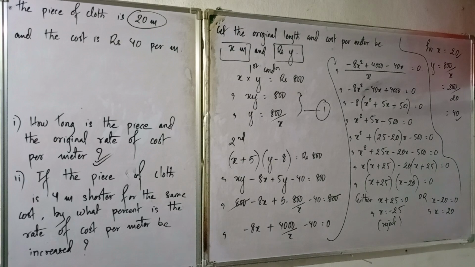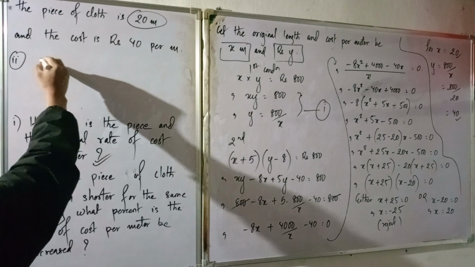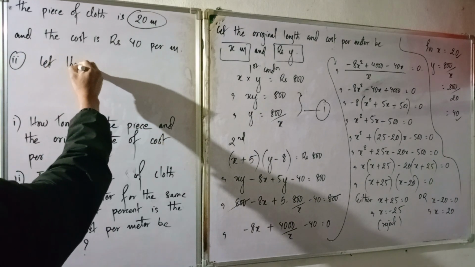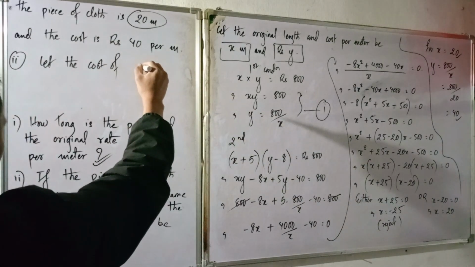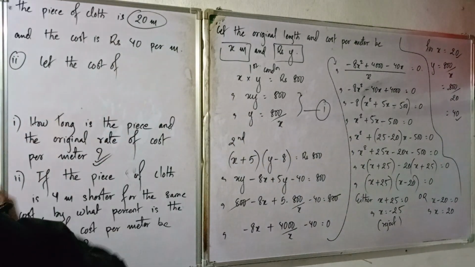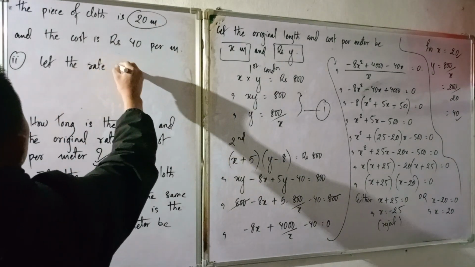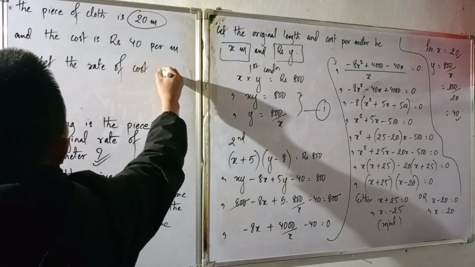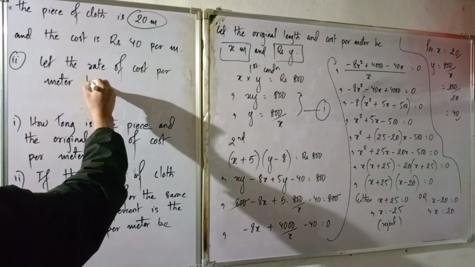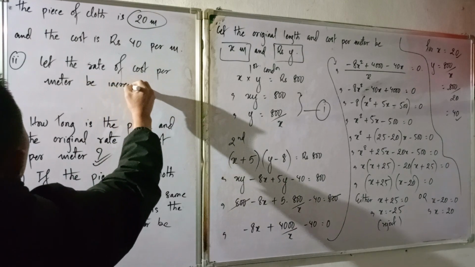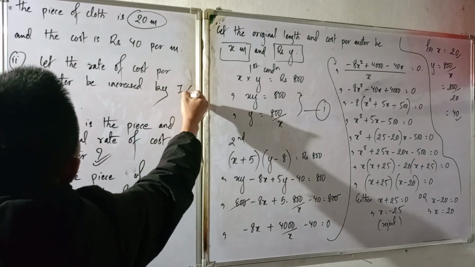Let, for this part two, let the rate of cost per meter be increased by I percent.